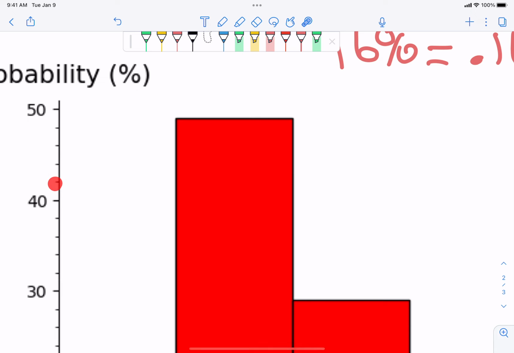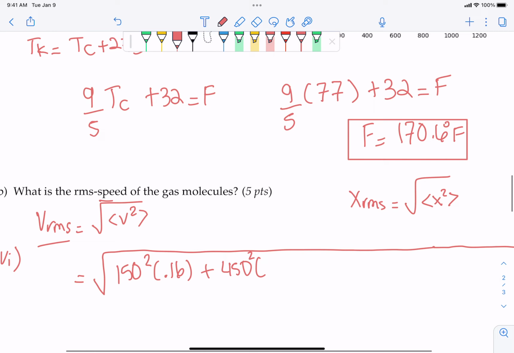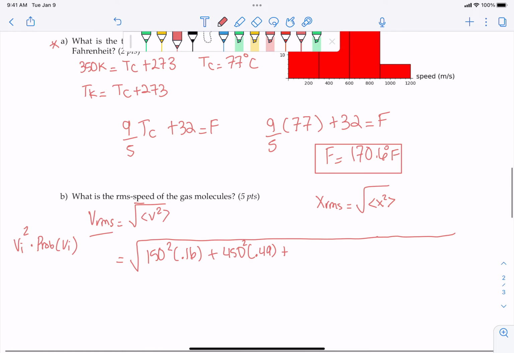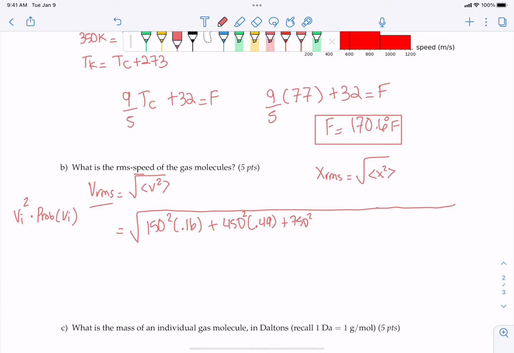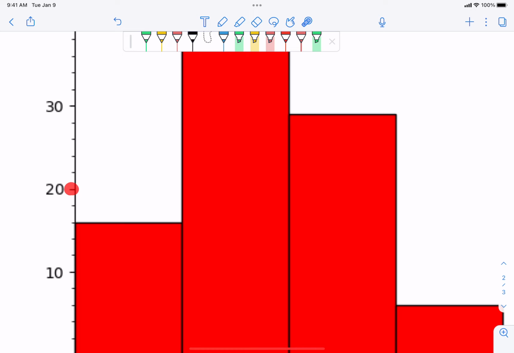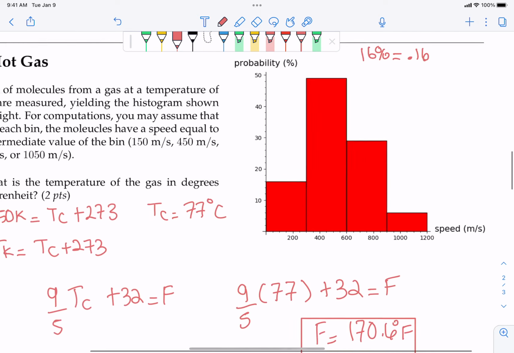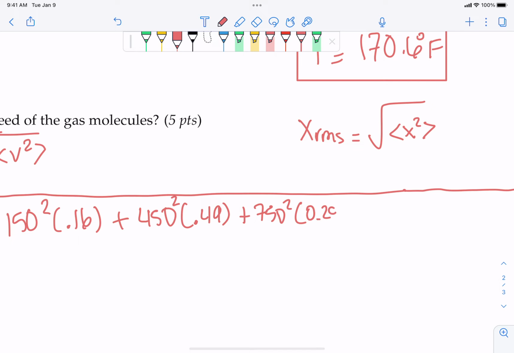This is 42, 44, 46, 48, and this is somewhere in between, so about 0.49, or 49%. Then 750 next, squared again, multiplied by the probability. 20, 22, 24, 26, 28, and sort of in the middle here, so about 29%, or 0.29.